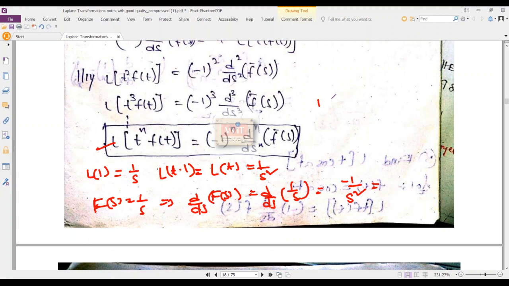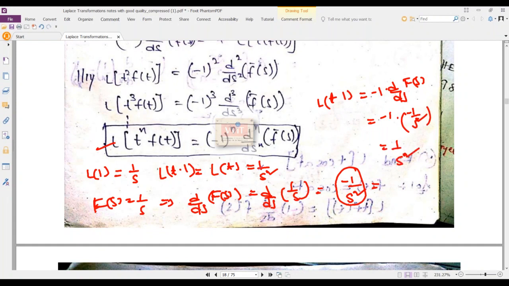L of t times 1 equals minus 1 times d by ds of f of s. So minus 1 times d by ds of f of s, already we got it is minus 1 by s square, minus 1 by s square. So totally it made 1 by s square, which holds good with the standard formula.